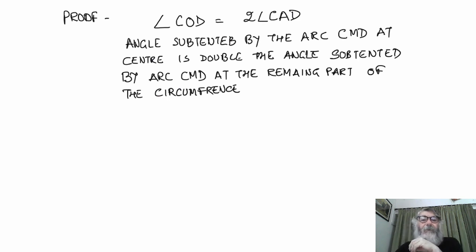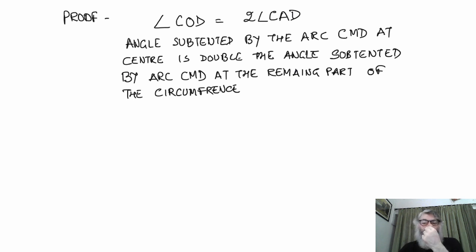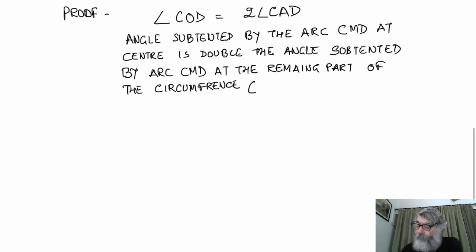Angle subtended by the arc CMD at center is double the angle subtended by arc CMD at the remaining part of the circumference, which is also called the double angle theorem, the first theorem we discussed.